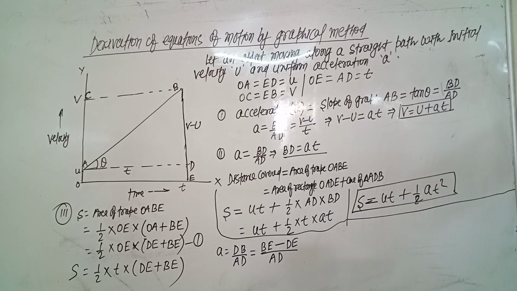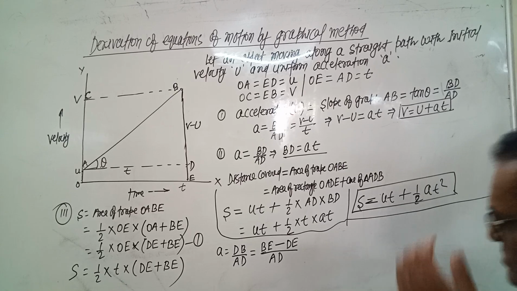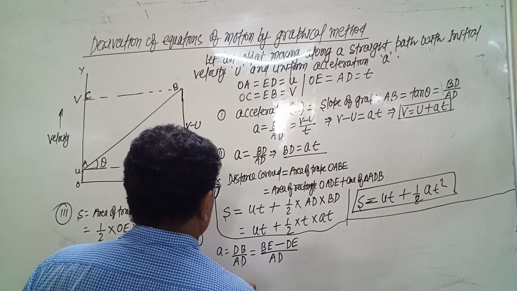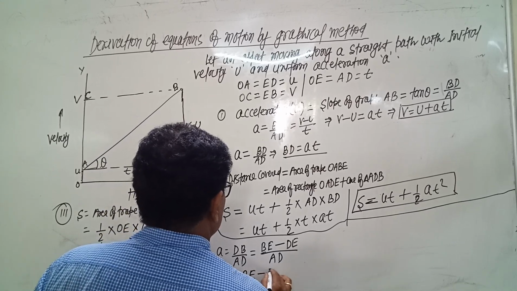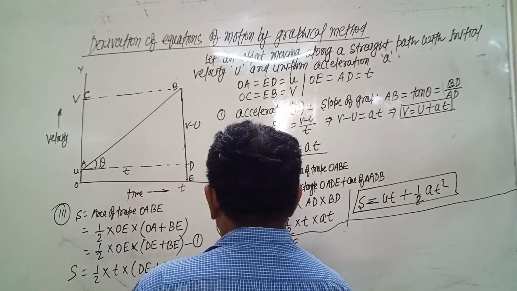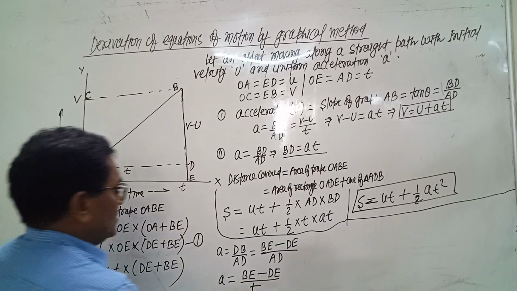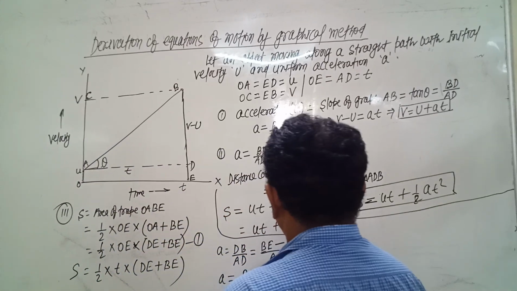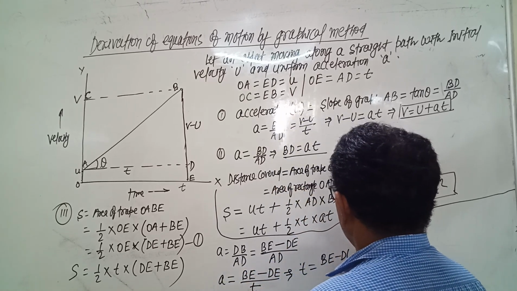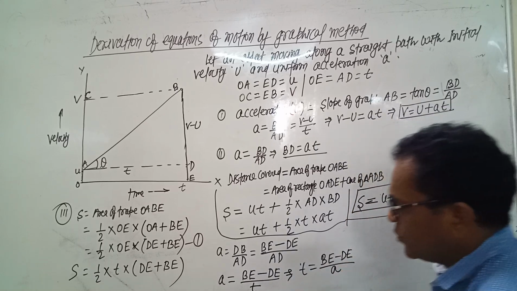A is given by DB upon AD, and DB can be written as BE minus DE upon AD, and AD is equal to T. So we can write A equals BE minus DE upon T. Now T can be eliminated, so by cross multiplication T becomes equal to BE minus DE upon A, and put the value of T.